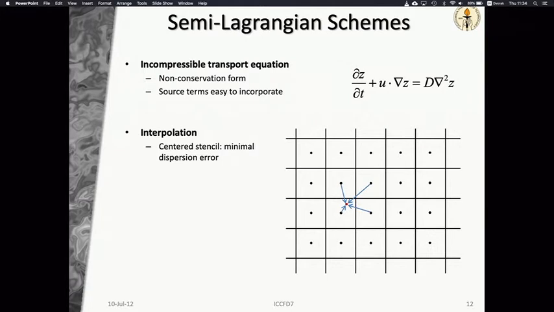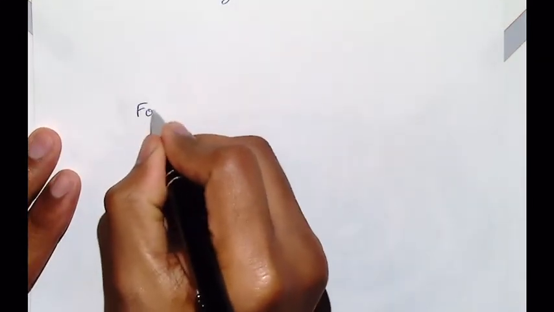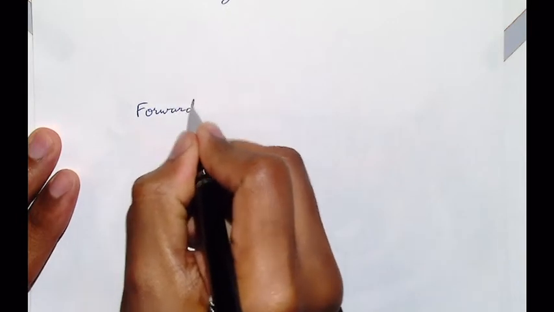There are 2 ways to do this. There's one called back tracing, which I'll explain in a second, and what we just talked about was forward tracing.